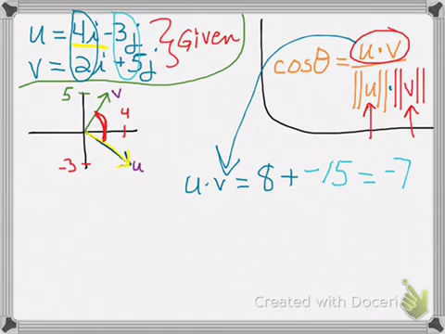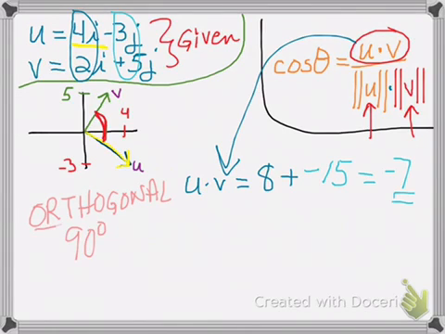Now a little fun fact about dot product: if the dot product is ever equal to 0, that means the two vectors are perpendicular to each other. But in vector language, they do not use the word perpendicular. It's a real fancy word called orthogonal, okay? Orthogonal means 90 degrees.